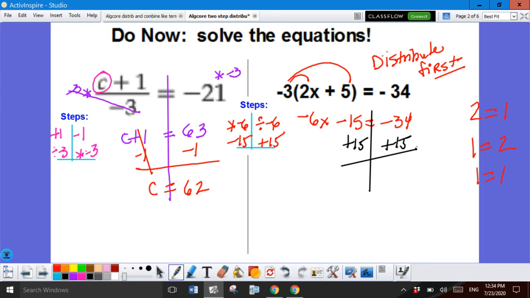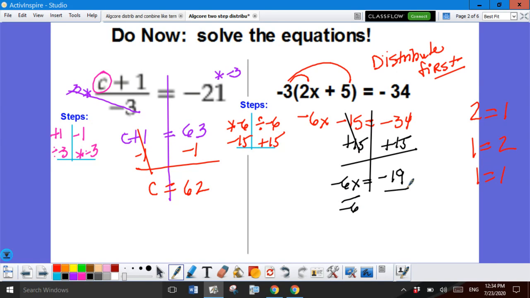So if you haven't already finished this problem, go ahead and hit pause and see if you can finish this problem. Okay, now I'm going to divide by -6.